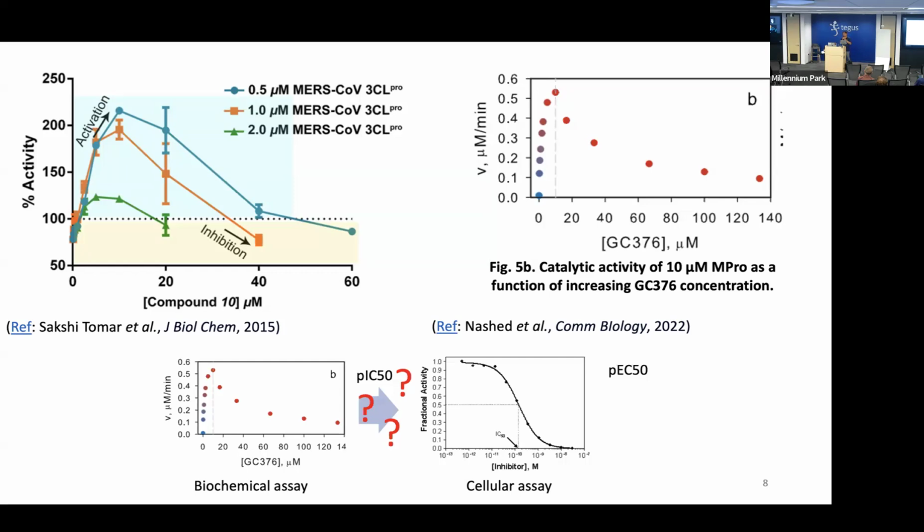But what happens here in these data is you can add a little bit of inhibitor and it will actually cause the enzyme activity to increase. You're actually doing the opposite of what you want to do. You don't stop it, you actually make it stronger. And then if you add more and more inhibitor, you get inhibition as well. They call this the activation phase and inhibition phase, and they call this a biphasic curve.